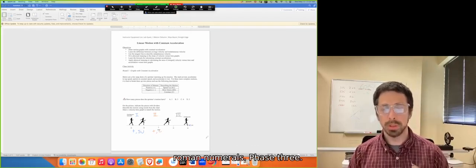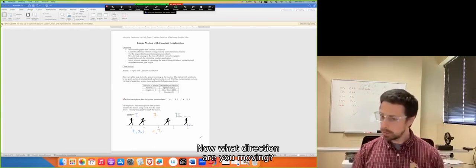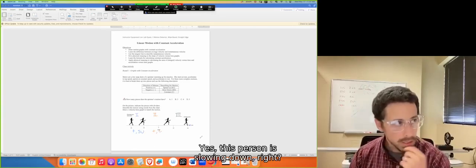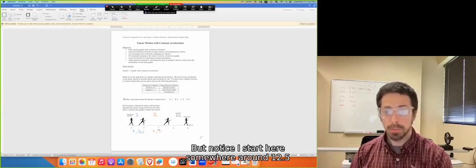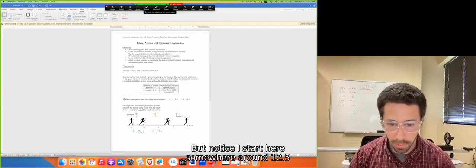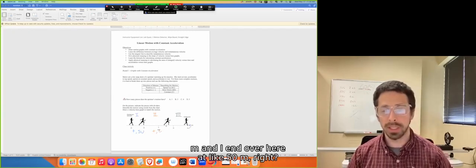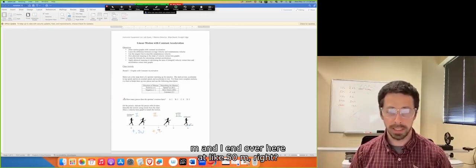right? Roman numerals. Phase three, now what direction are you moving? Yes, this person is slowing down, right? But notice I start somewhere around 12.5 meters and I end over here at about 50 meters.